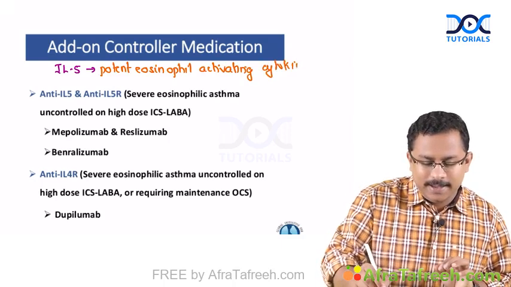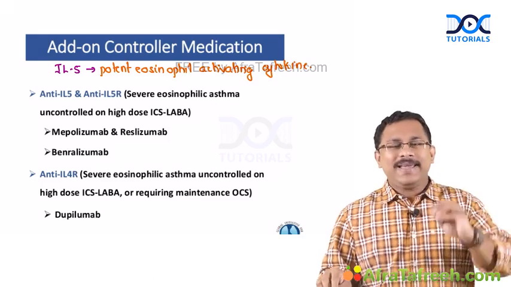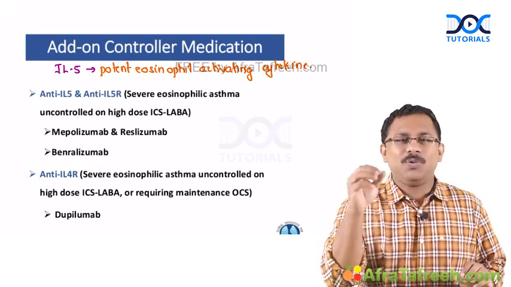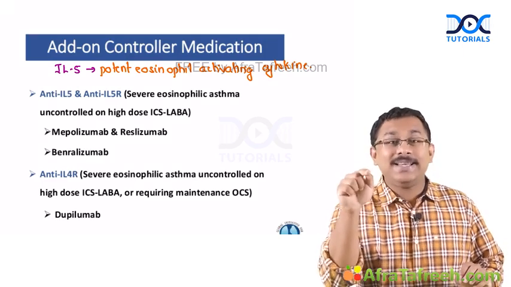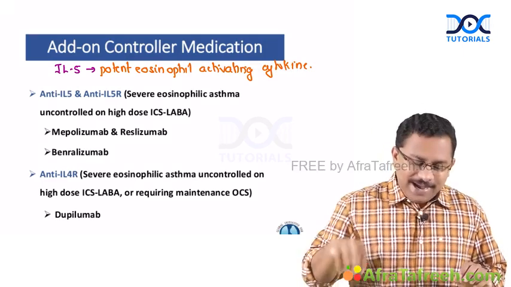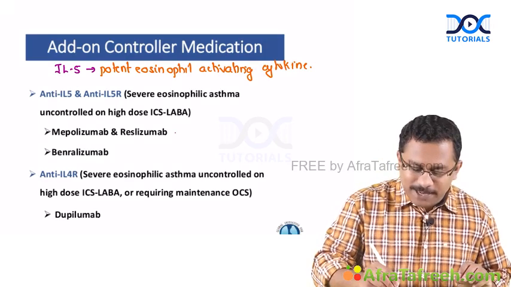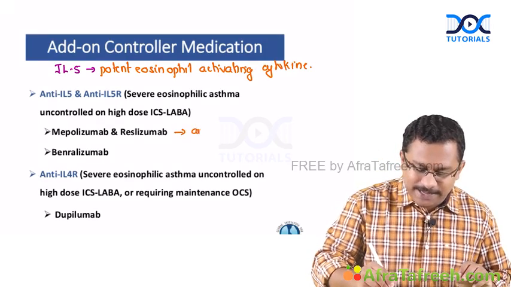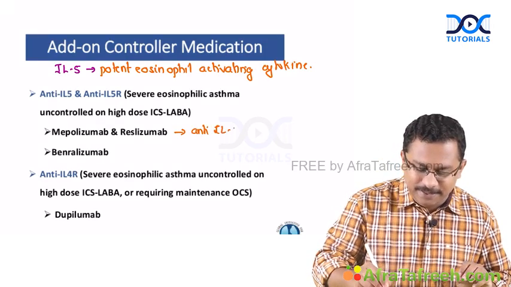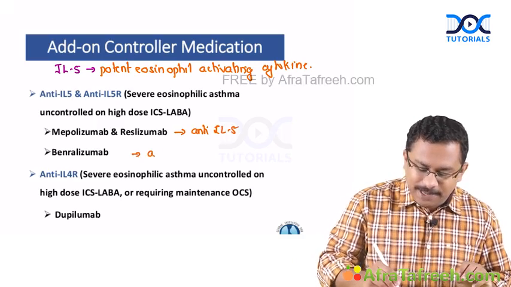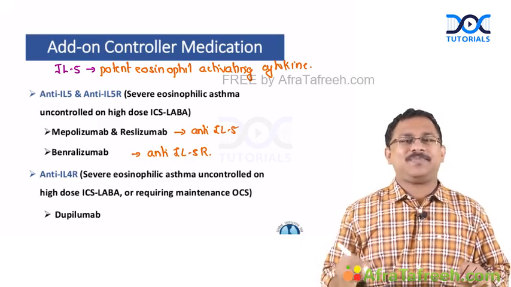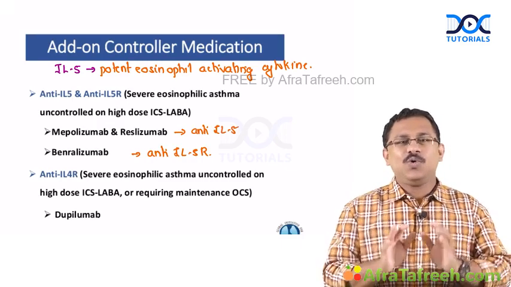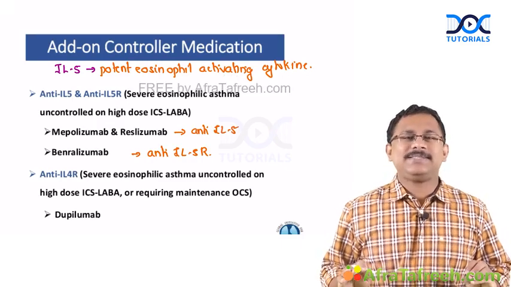Okay, so in case of bronchial asthma, you have monoclonal antibodies that target either the cytokine or the receptor. So you have agents like mepolizumab and reslizumab, which are anti-IL-5, and benralizumab, which is an anti-IL-5 receptor. Okay, so you have got to know both these classes of agents.